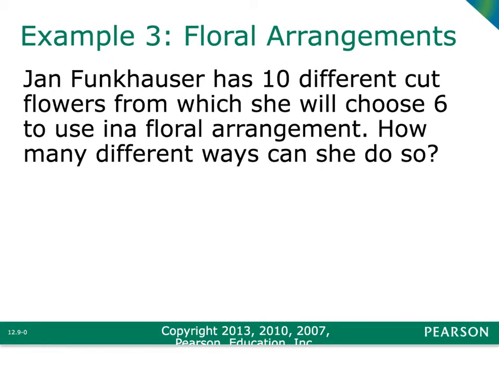Let's look at another example. Jan Funkhauser has 10 different cut flowers from which she will choose 6 to use in a floral arrangement. How many different ways can she do so? Again, the order of the flower selection doesn't matter. The flowers aren't ranked. They're all going to go in the same vase, so this is a combination.